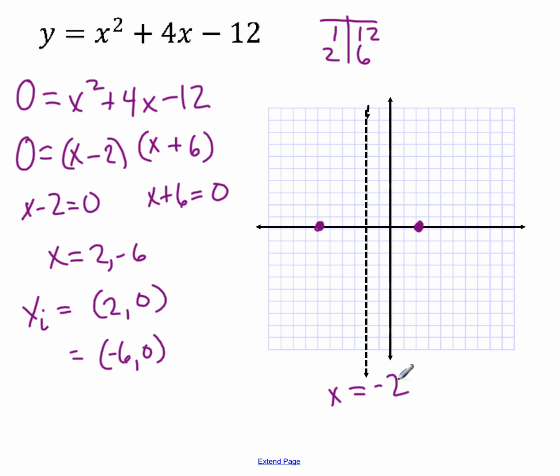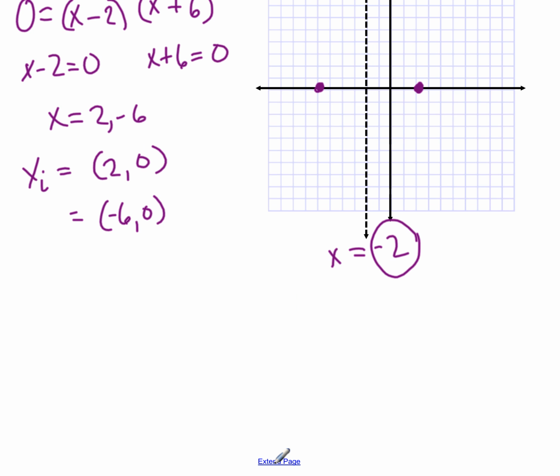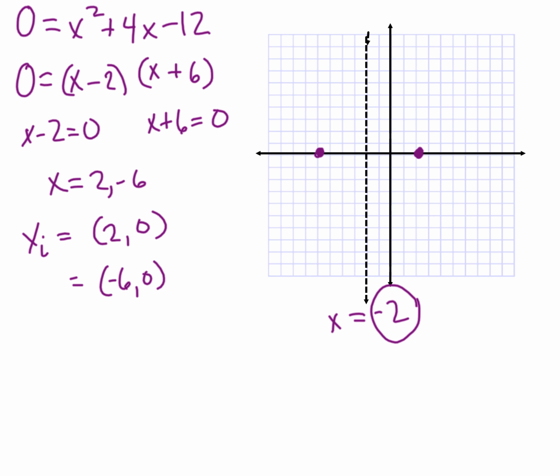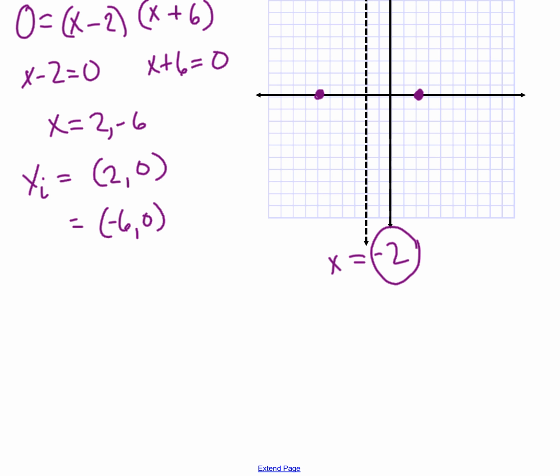So basically, if I take -2, I plug it back into my equation, which I actually need. My equation is y equals x squared plus 4x minus 12.